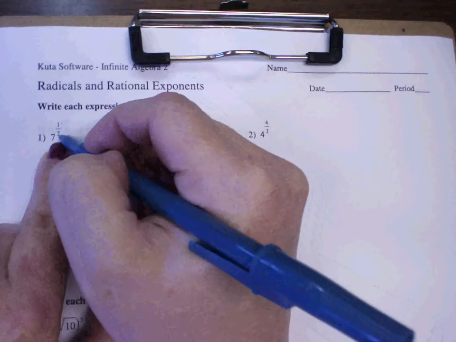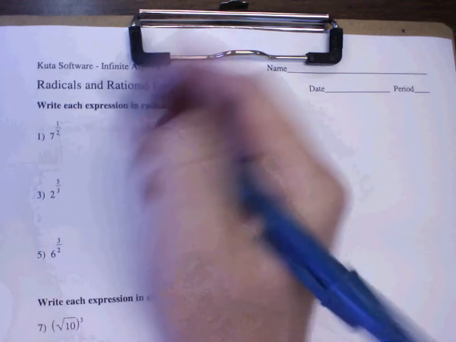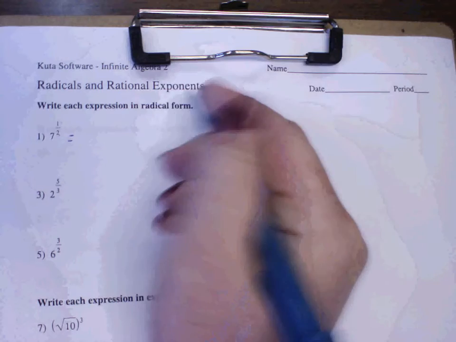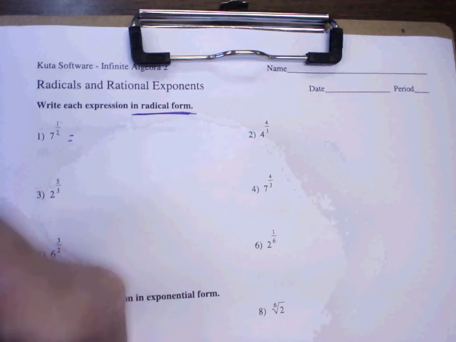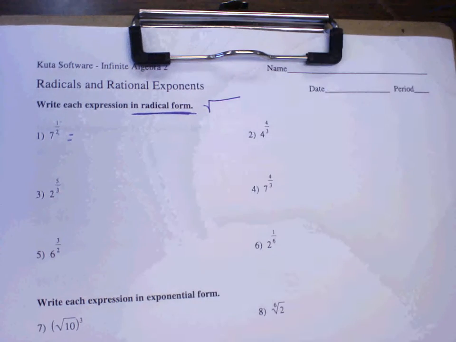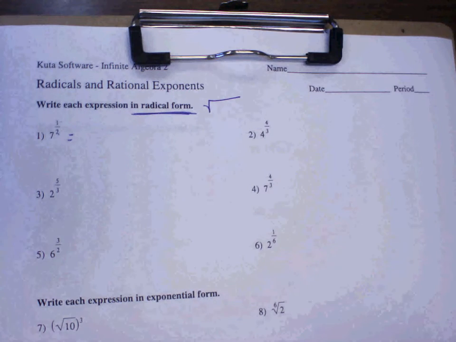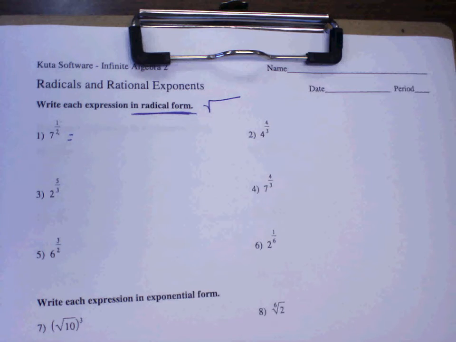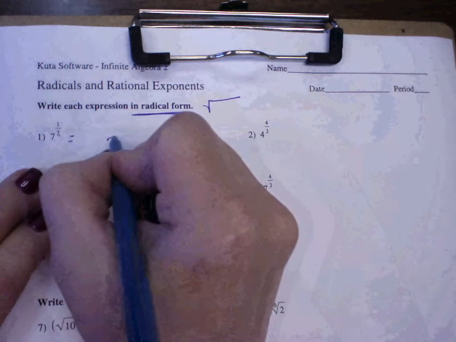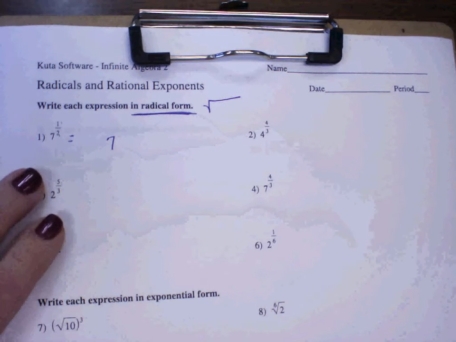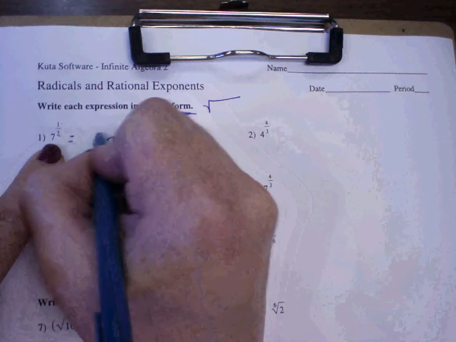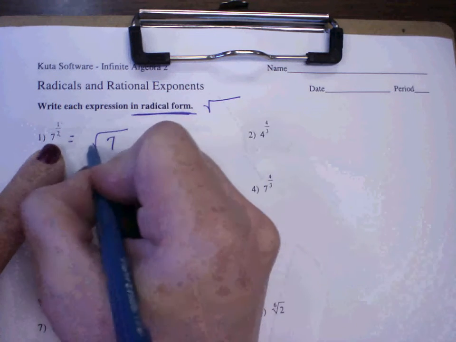All right. So the numerator is how many you got? Denominator is the root. I am writing it in radical form, which means you gotta have your roots. Roots are the same thing as radical. So how many sevens do you have? One.